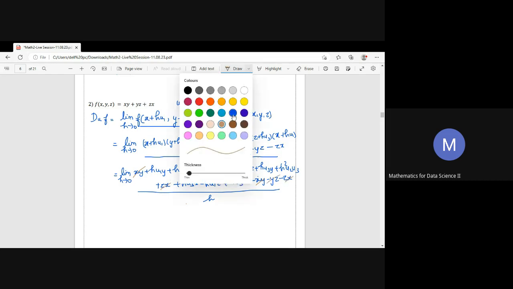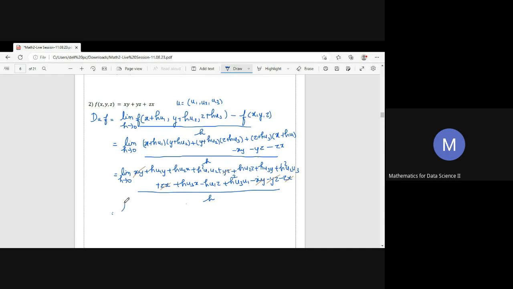In the remaining terms, you can take the h commonly. If you take h commonly, then you see u1y plus u2x, and first I will write the terms with just h as coefficient, plus u3x. Here it's plus actually, right?